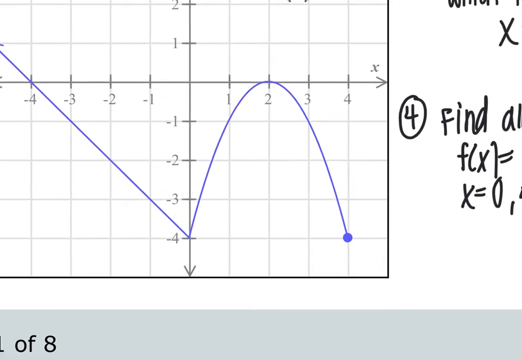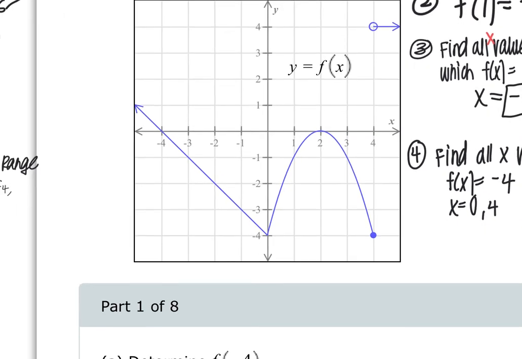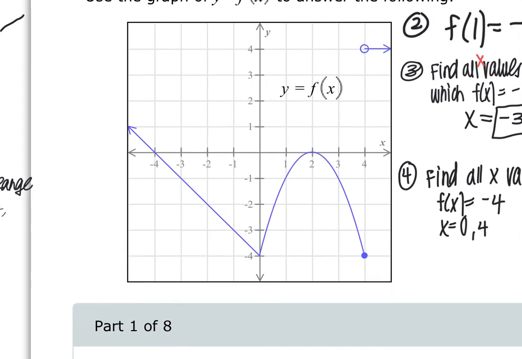Let me zoom out a little bit so we can still look. Working my way up, I have this arrow pointing upward. It doesn't matter when you're working with range that it's to the left. It just matters that it's going upward for infinity.